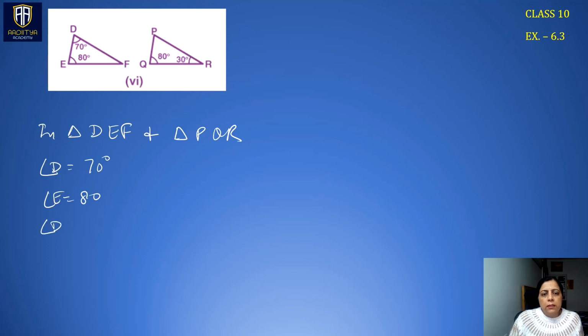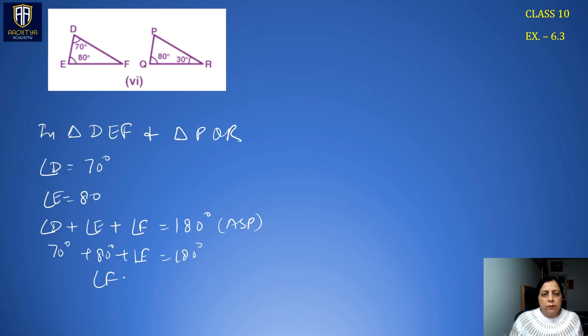First of all we can look for all the angles of the triangle, then we can compare whether they are equal or not. Angle sum property. So D is 70, E is 80. So what is F here? Angle F is 180 minus 150, that is 30 degrees.